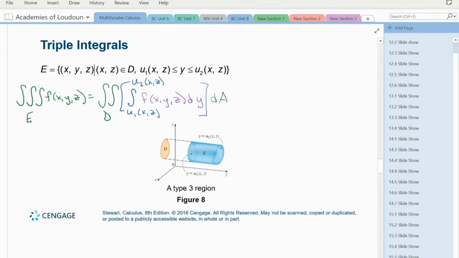Now, in each of these equations, there may be two possible expressions for the integral, depending on whether our region D is a type 1 or a type 2 plane region, which corresponds to what we saw with the type 1 solid regions.